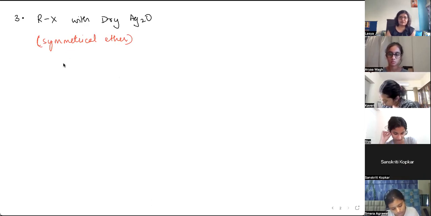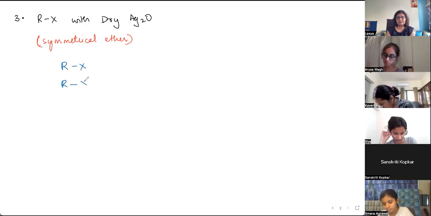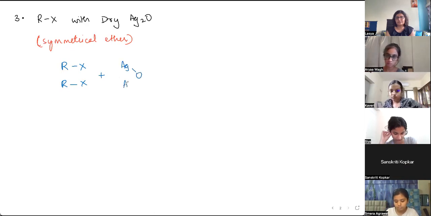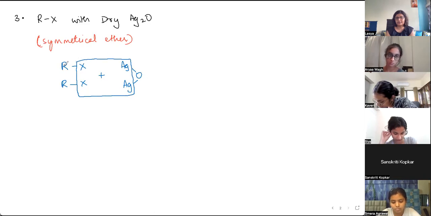The reaction is pretty straightforward. If you have RX plus Ag2O, so you have two silver atoms, the silver atom takes away the halogen, and the remaining bits get attached with each other.